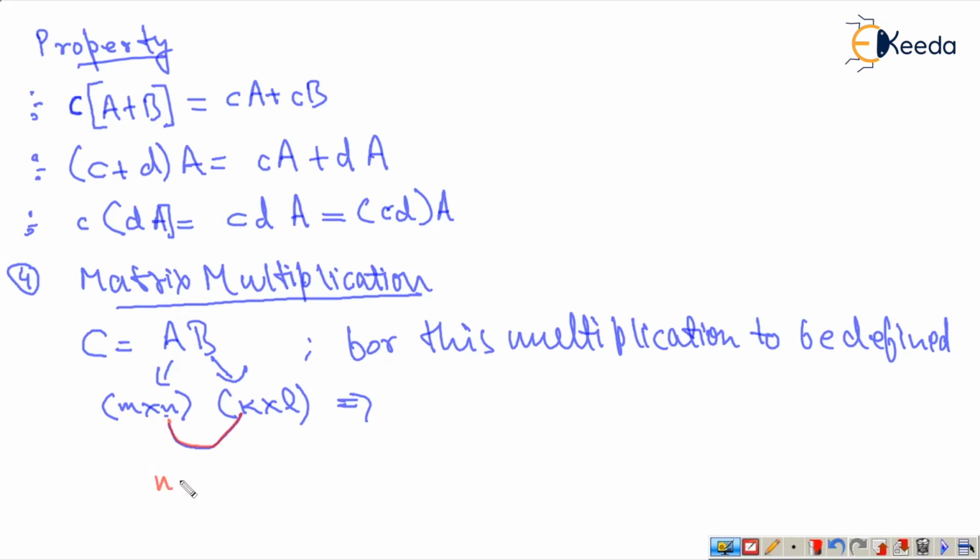So n should be equal to k, right? n should be equal to k, then only this multiplication is feasible. And after that, the dimension of C is going to be m cross L. So C matrix will be of dimension m cross L, right?